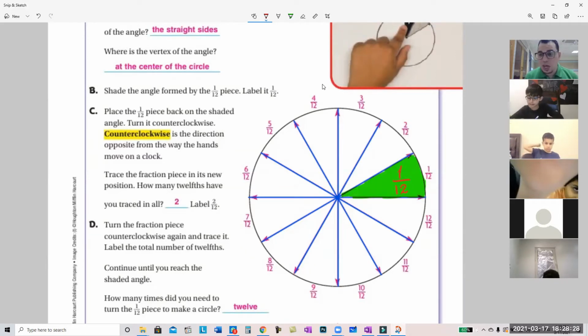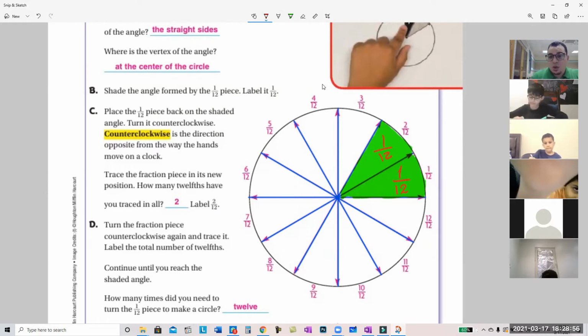Okay, let me shade another part. What about this part again? So as we see here, we have another part with the same fraction, 1 over 12, because each part equals 1 over 12, right?